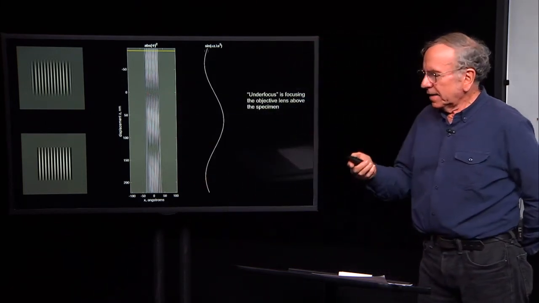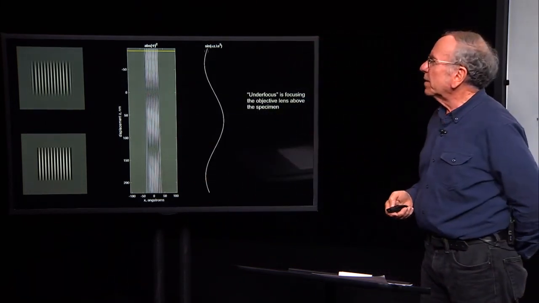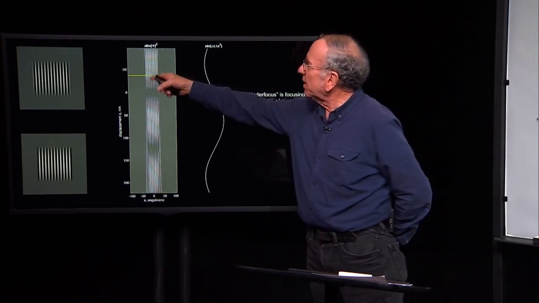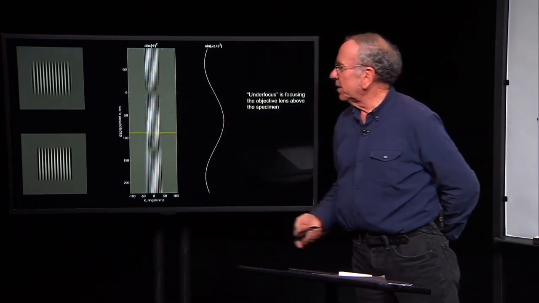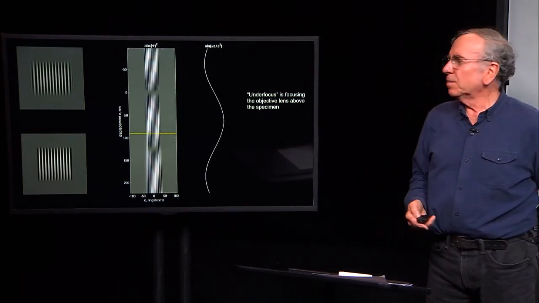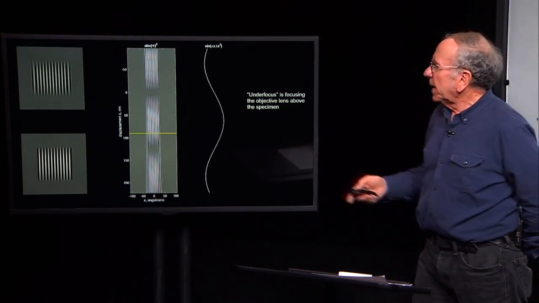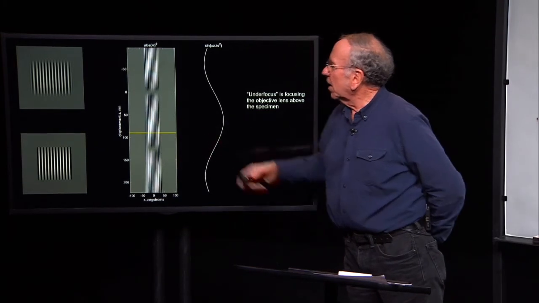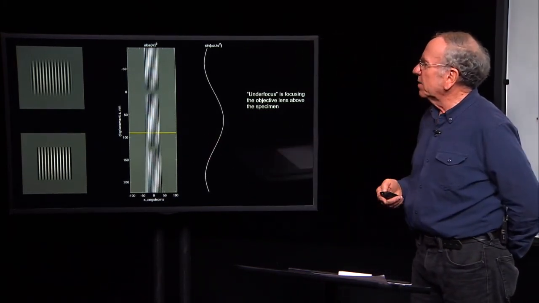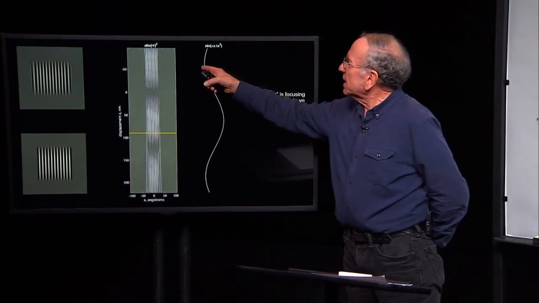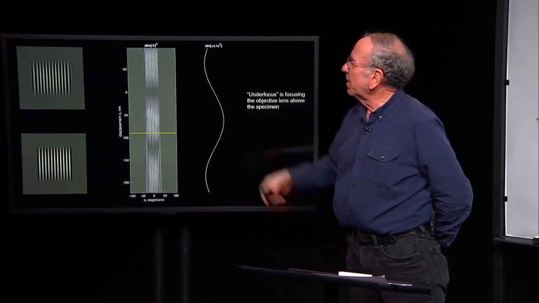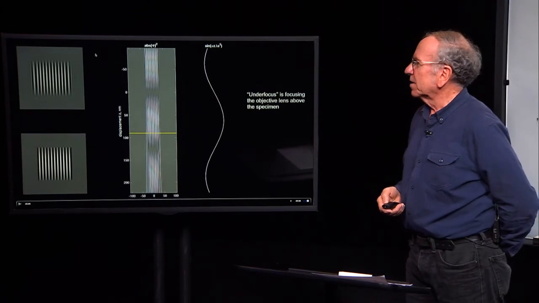And that, in fact, is what the objective lens will reconstruct. So as I focus above the specimen, I get contrast, I get a null at 0, and back down to the same pattern of contrast that we saw before. So if I focus above the specimen, I have a negative maximum contrast at the first maximum.